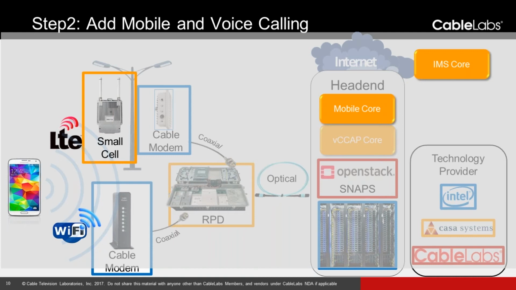And we had a small cell provided by CASA, and we were able to do call handoffs between the Wi-Fi cable modem and the small cell, and we did Wi-Fi preferred. And this, again, was probably one of the most popular demos at Summer Conference. And if you haven't seen it, we do have this running at CableLabs.